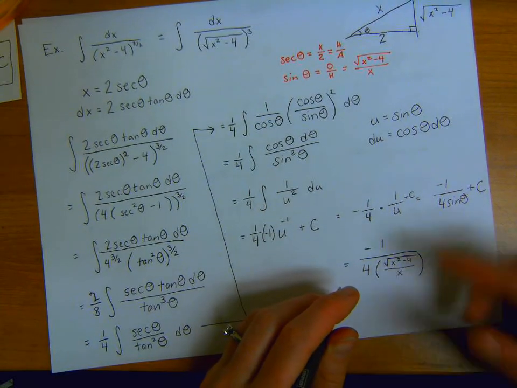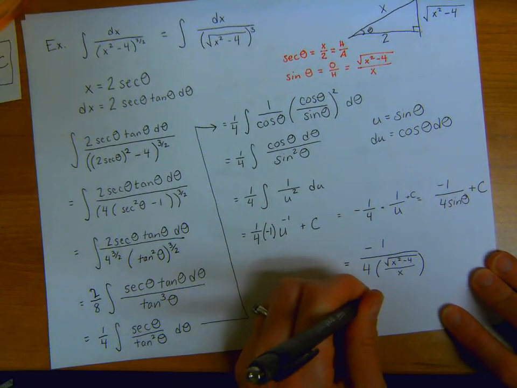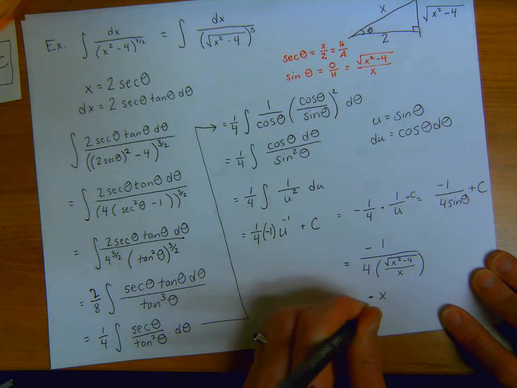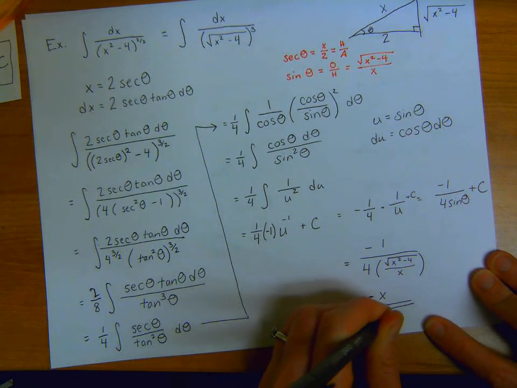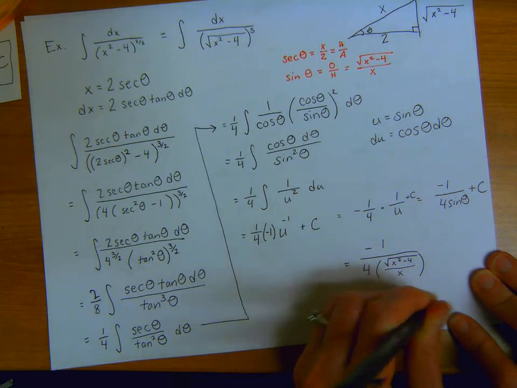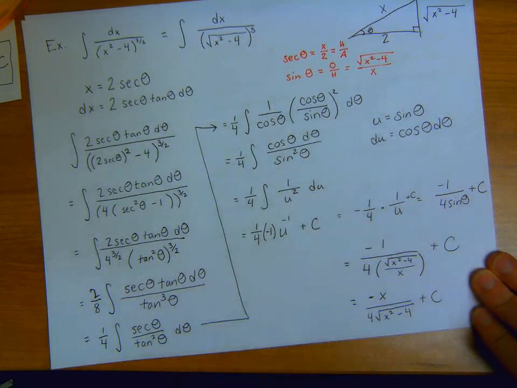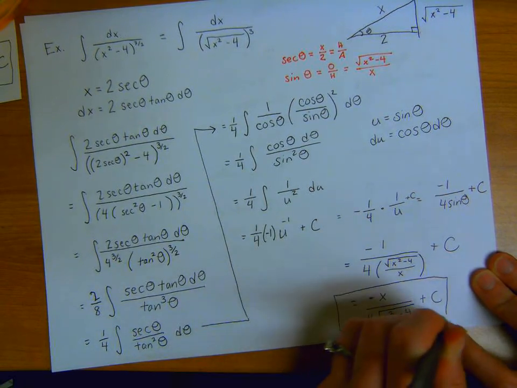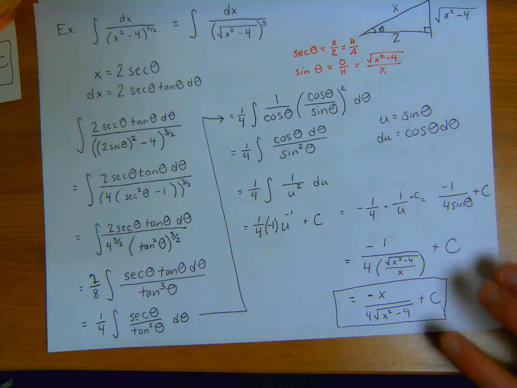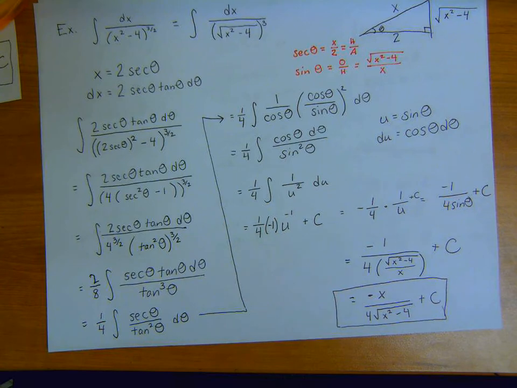Or taking the reciprocal of that, I think it's a little nicer to write it as negative x divided by 4 times the square root of x squared minus 4, all plus c. Forgetting my plus c's. And there is a radical in the denominator, but I've already done a lot of work. You don't need to see me clear radicals and denominators.